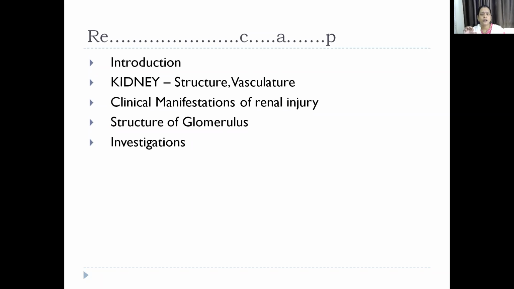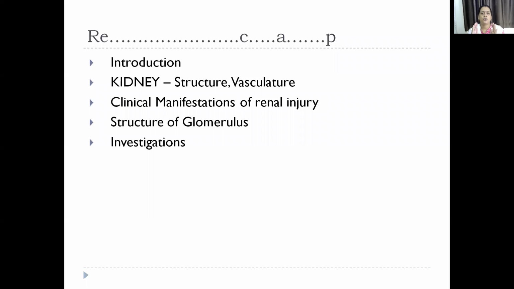You know, in nephrotic syndrome, there is more than 3.5 grams of protein that is being excreted. Okay, so because of that, there will be hypoalbuminemia, lipiduria, hyperlipidemia, and also severe edema. These are the 5 things you have to remember regarding nephrotic syndrome.